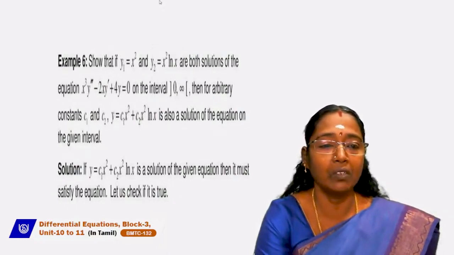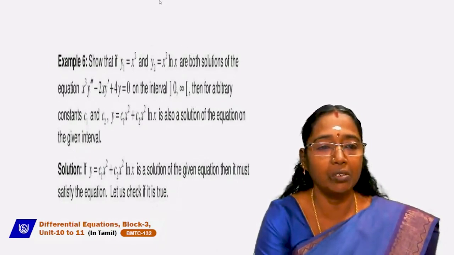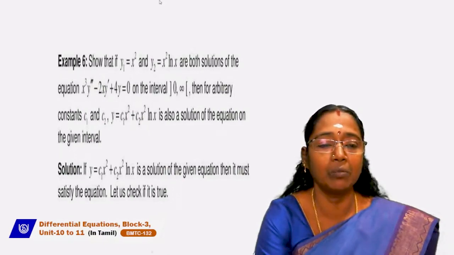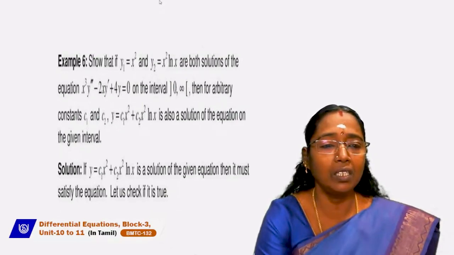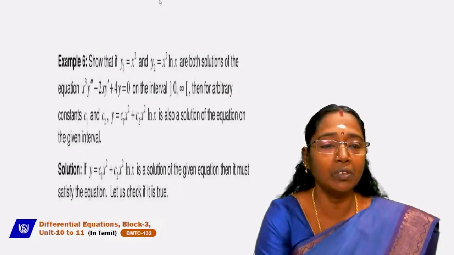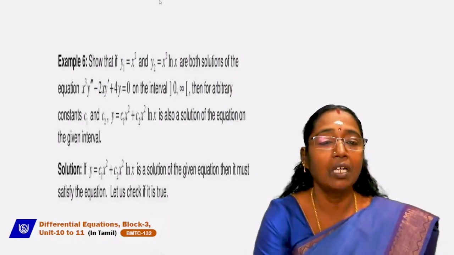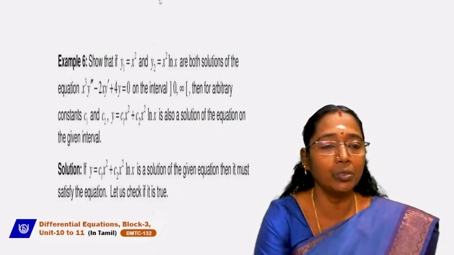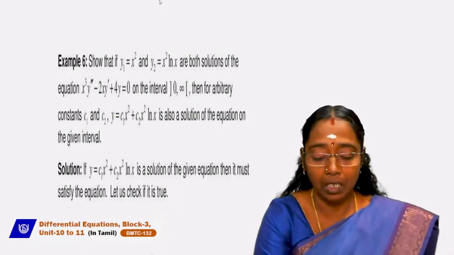For any arbitrary constants c1 and c2, y can be written in the form c1 x squared plus c2 x squared log x, and this linear combination satisfies the given differential equation. If the individual functions satisfy the given differential equation, then the corresponding linear combination is also satisfied by the given differential equation.